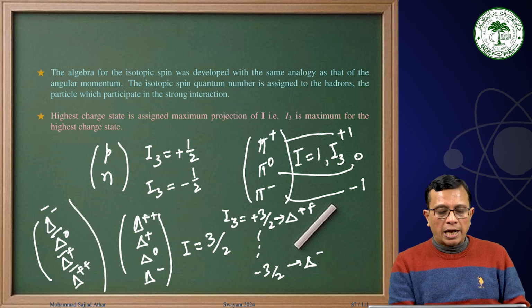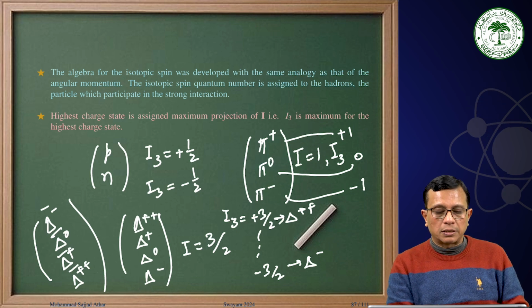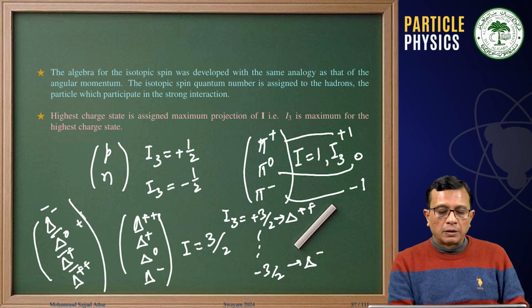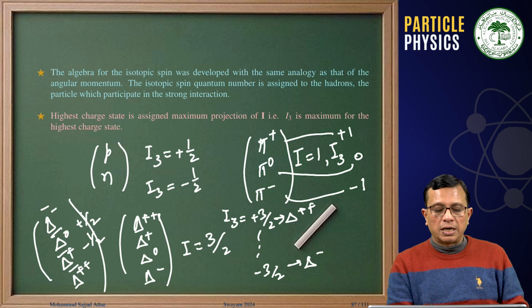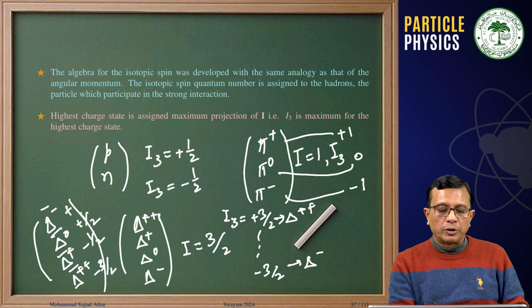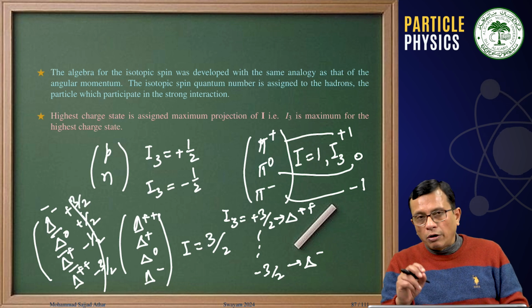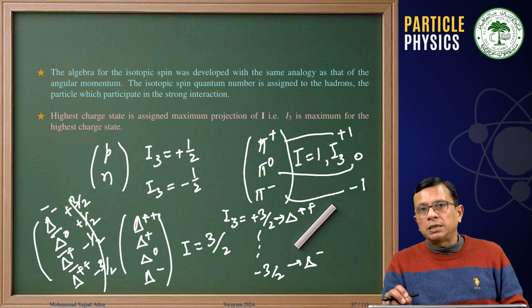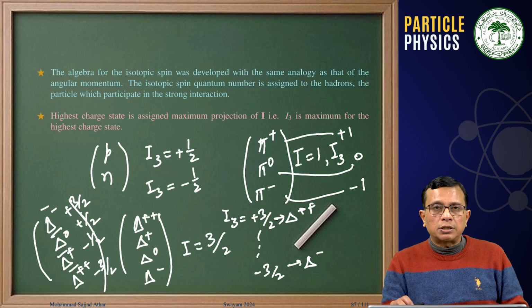Isotopic spin for them will be 3 by 2, and the projection will be plus 3 by 2 for delta minus bar, plus half for delta 0 bar, minus half for delta plus bar, and minus 3 by 2 for delta plus plus bar. Therefore, the important point is that we always take care that the highest charge state should get the maximum projection.